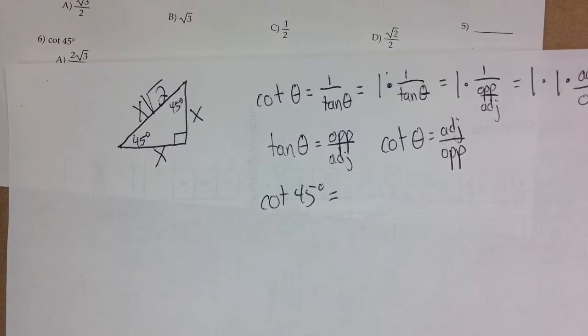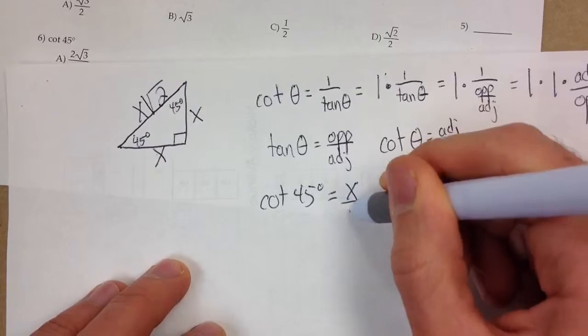No, x radical 2 is the hypotenuse. Cotangent never has anything to do with the hypotenuse. X over x. And what is that simplified to?